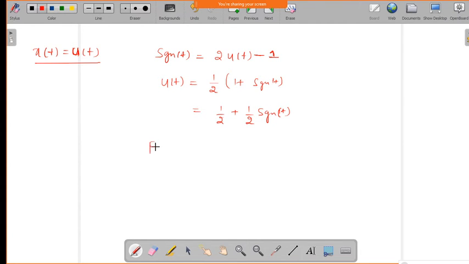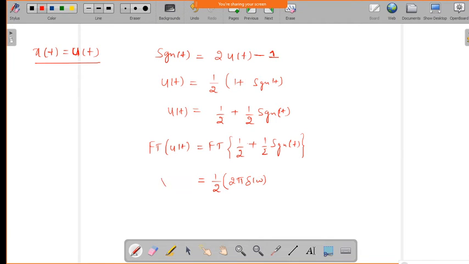Now taking the Fourier transform on both sides, you will get the Fourier transform of u of t. The Fourier transform of the value 1, if we take 1 as the signal here, is 2 pi into the impulse signal, del of omega, and with the half this gives pi del of omega.